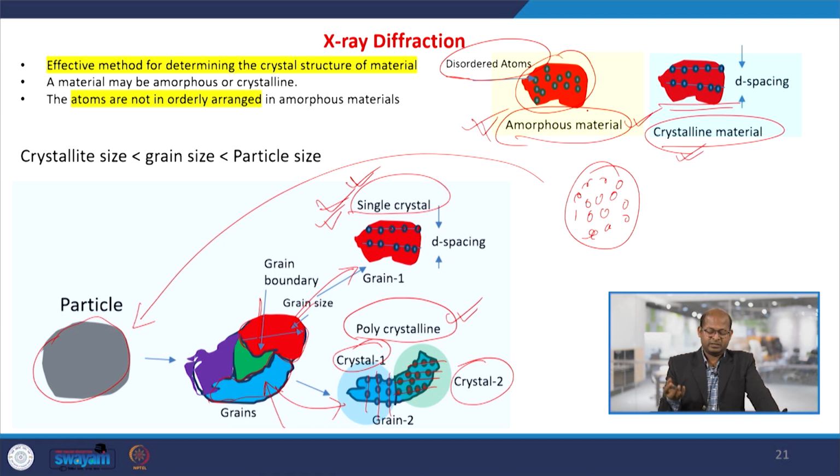If we synthesize the material at low temperature, it forms an amorphous material. If we prepare it at high temperature, the amorphous material may convert into crystalline nature. So, this is crystalline, this is amorphous, this is single crystal, and this is polycrystalline.